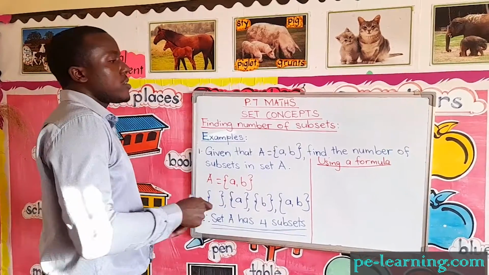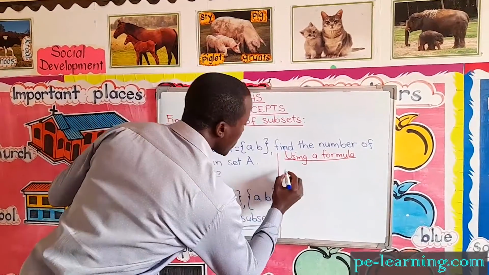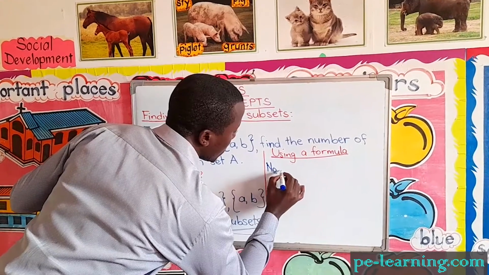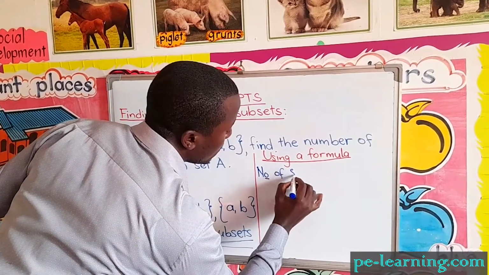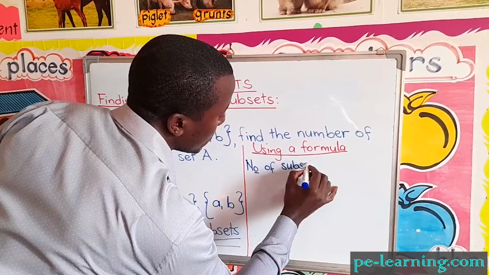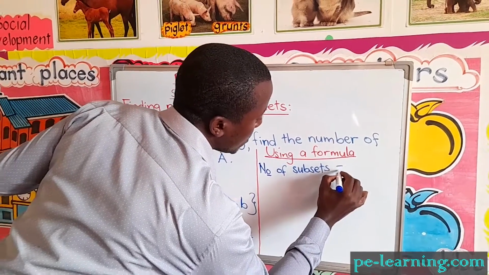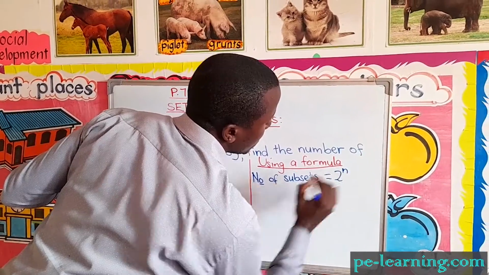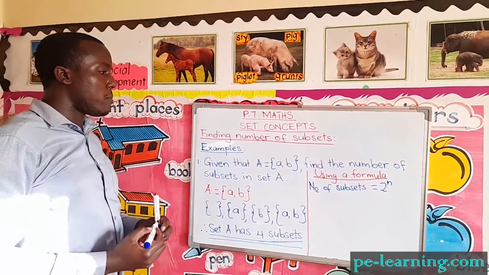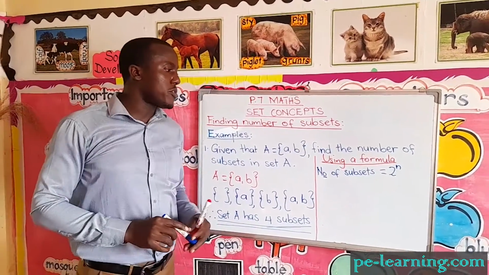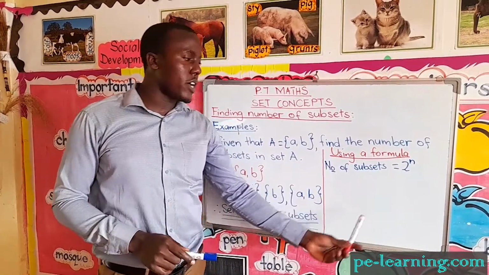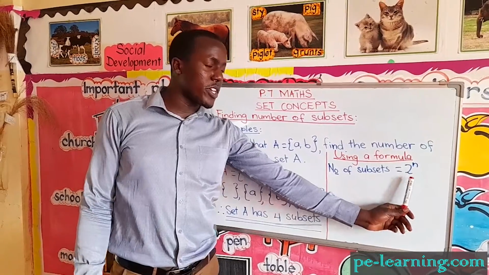Here we say that number of subsets equals 2 to the power n, or you can read it as 2 exponent n.